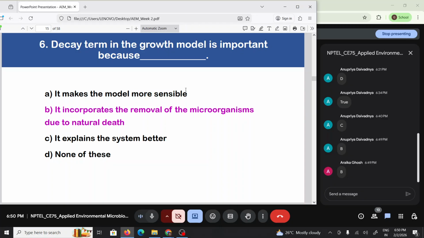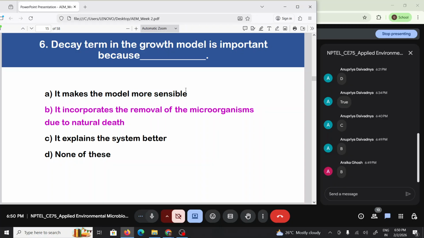Okay, so the answer for this question is again B. So when we talk about microbial growth models, we have the logistic or Monod model, and in a typical growth curve, you have different phases like the lag phase, log phase, stationary phase, and the death phase. So this death phase is what gives this term called the decay term.